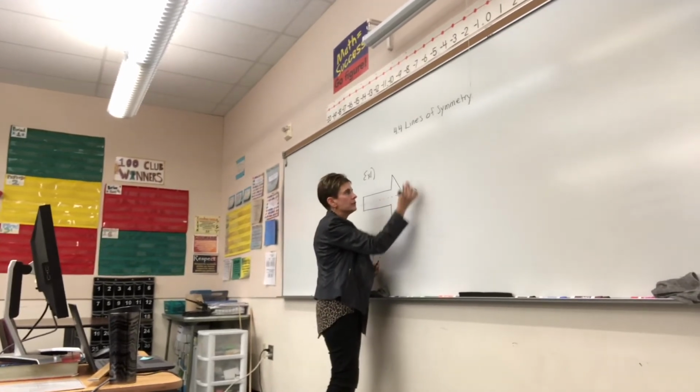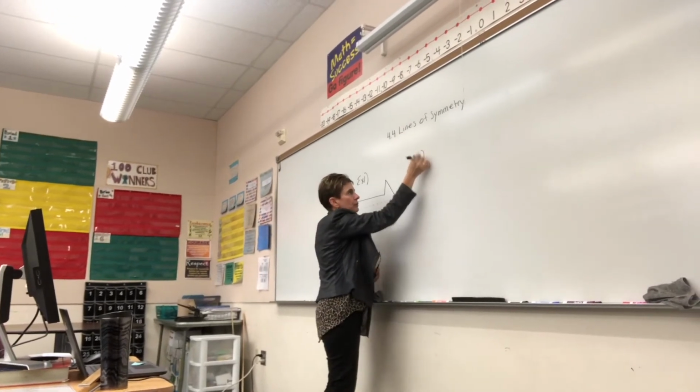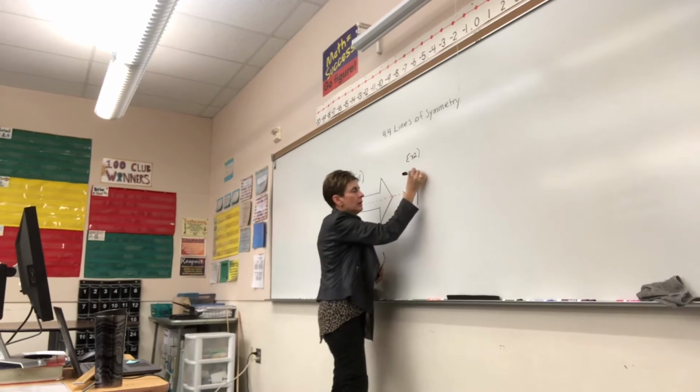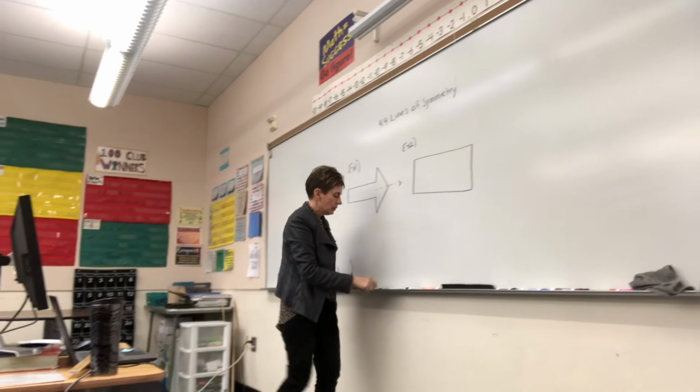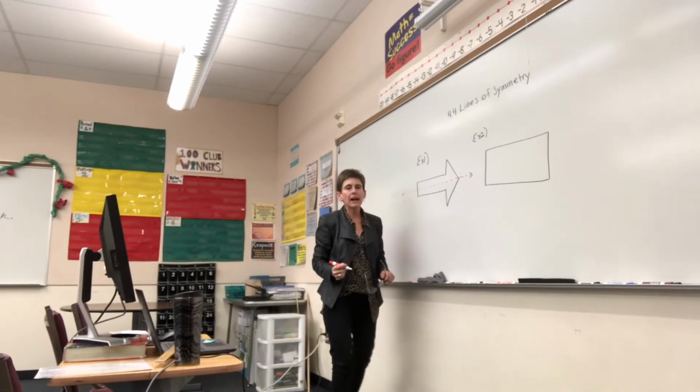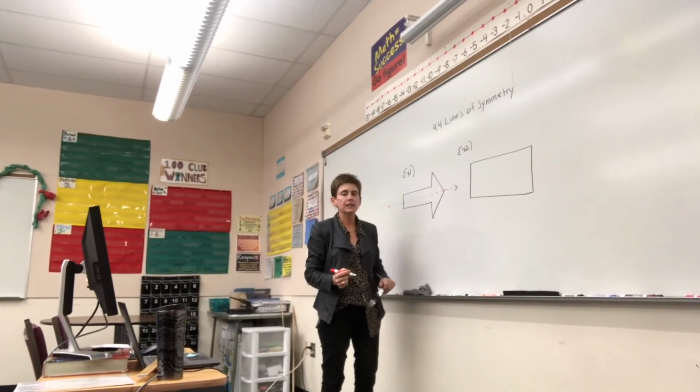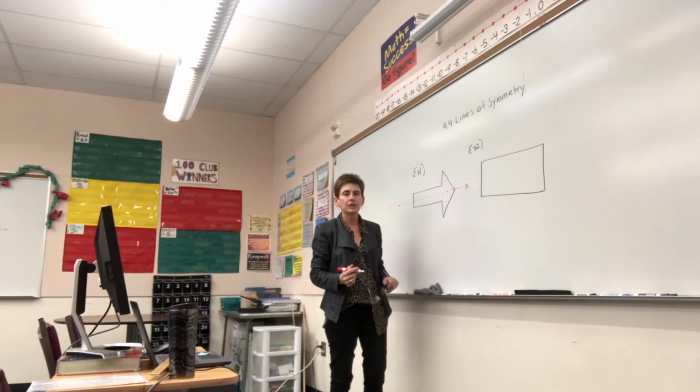Okay, let's do example number 2. This is really basic, but let's do a rectangle. A rectangle would have 2 lines of symmetry. See if you can see where they would be on this shape.